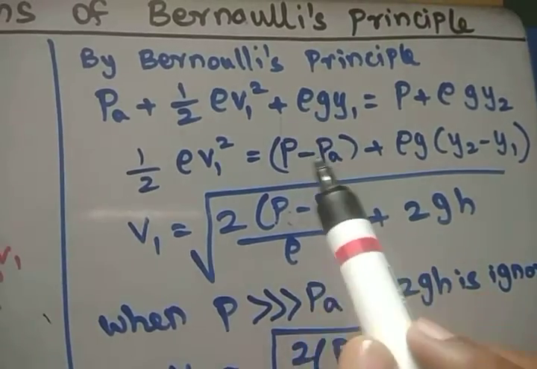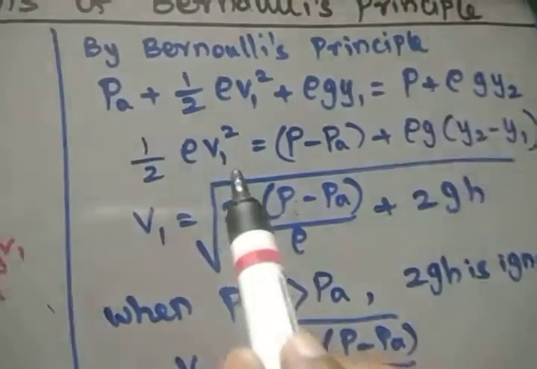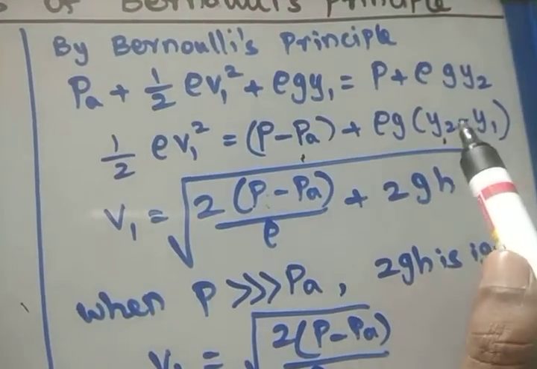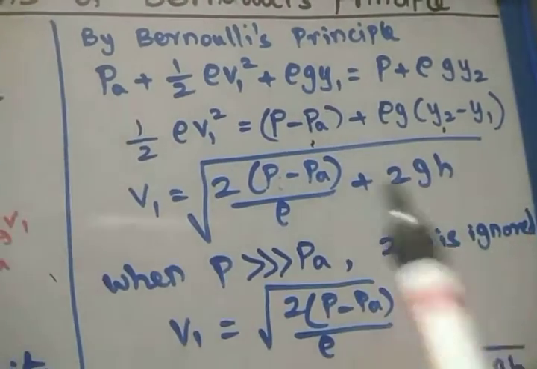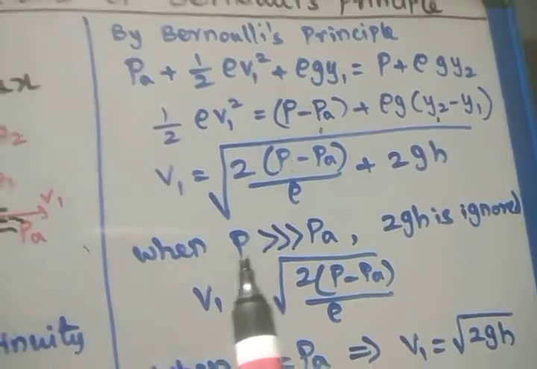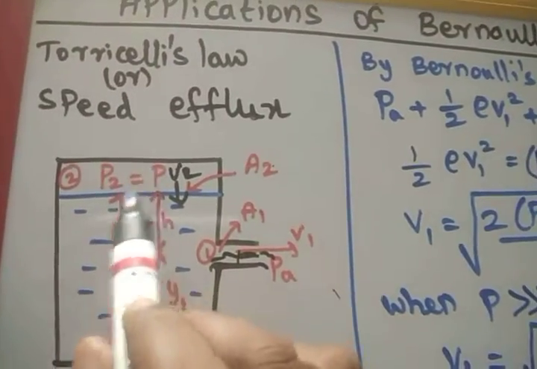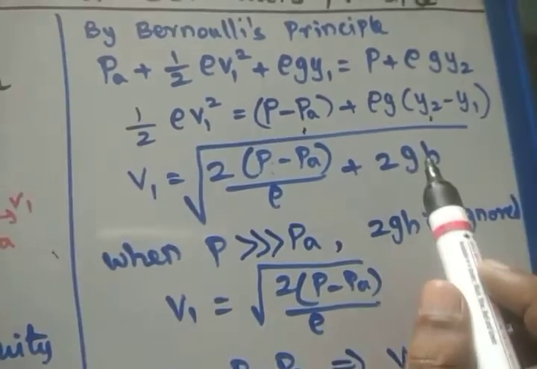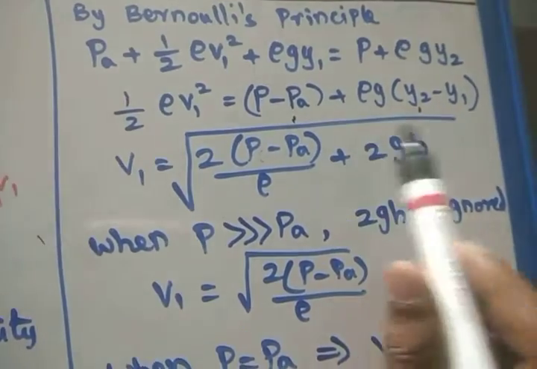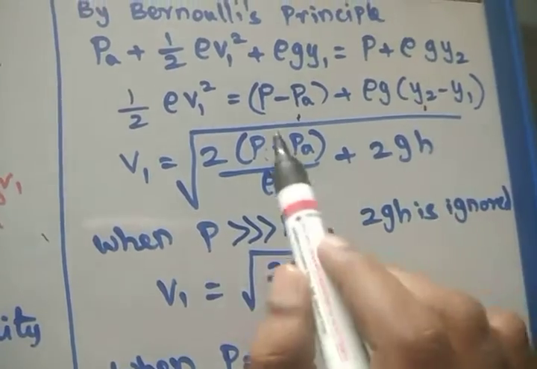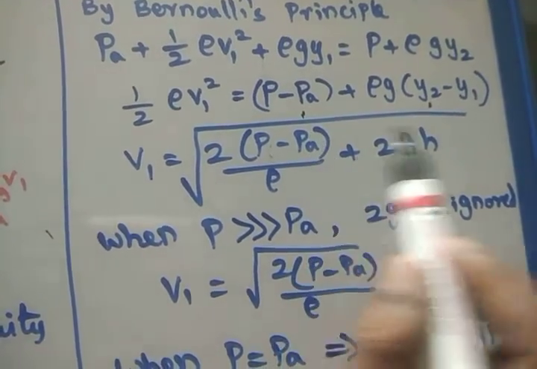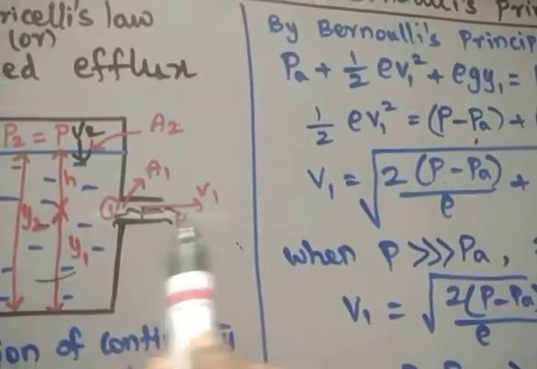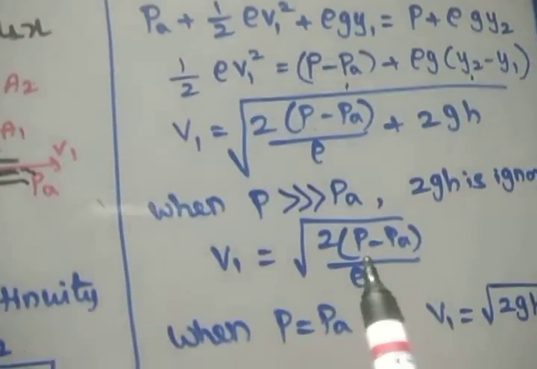Bringing the 2 in, and since rho appears in both denominators, rho cancels, and we get root of 2 g h. When the pressure P is very much greater than PA, the term 2 g h is a very small value and we neglect it. So the velocity of the water coming out is given by this equation.